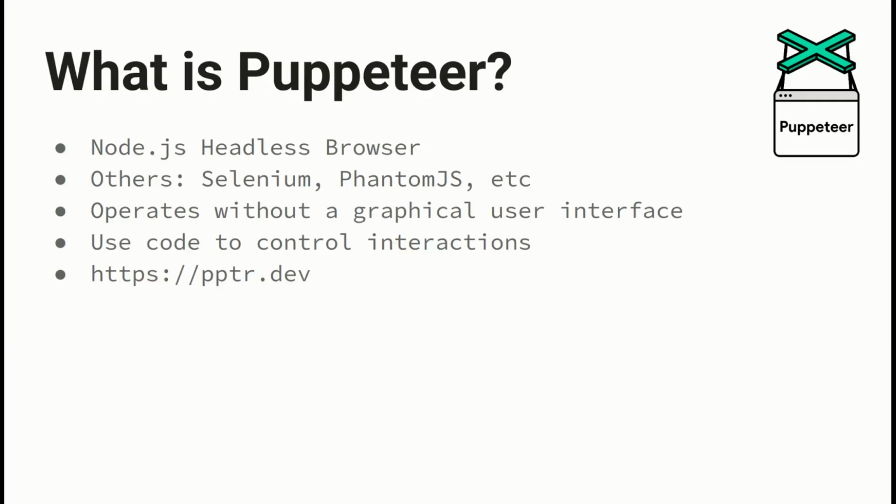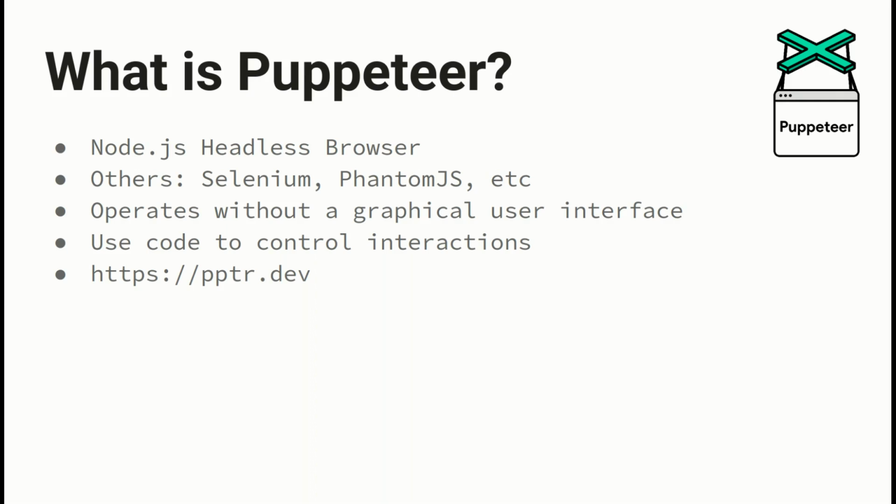So Puppeteer is a headless browser. There's other examples of that, Selenium, Phantom.js, etc. But the main premise behind it is that you operate it with code and not with the usual graphical user interface.